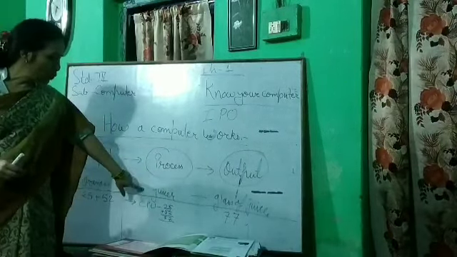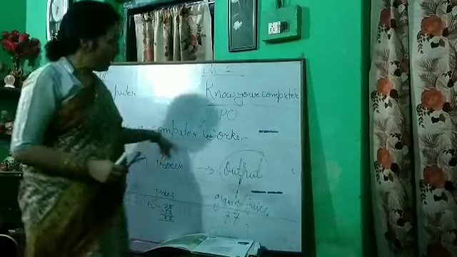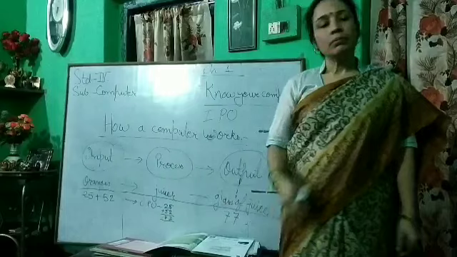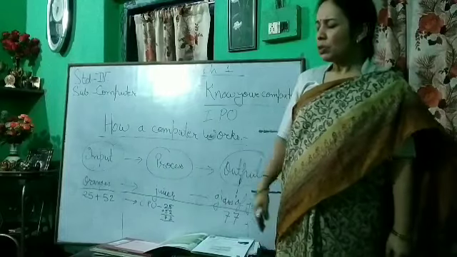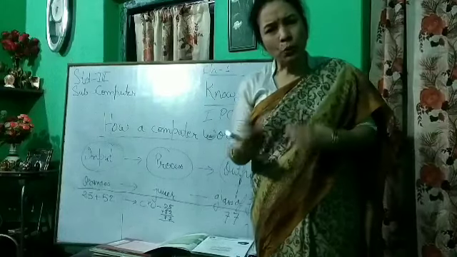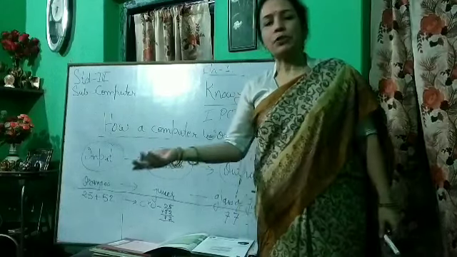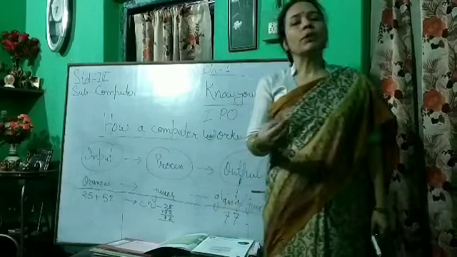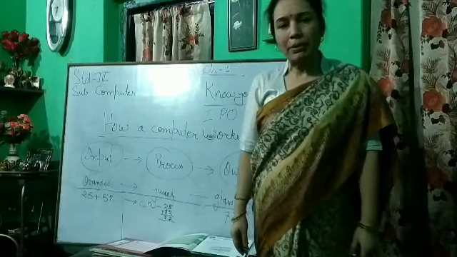The juicer makes juice in the process phase. And finally in the output phase, we get juice. So in our daily life also, you can observe that we do our work in these phases only: input, process and output.